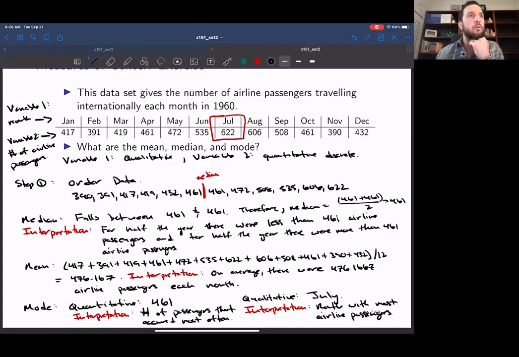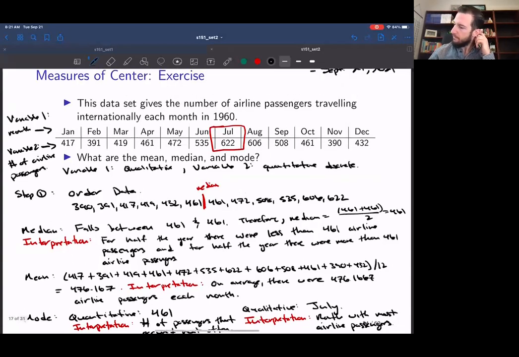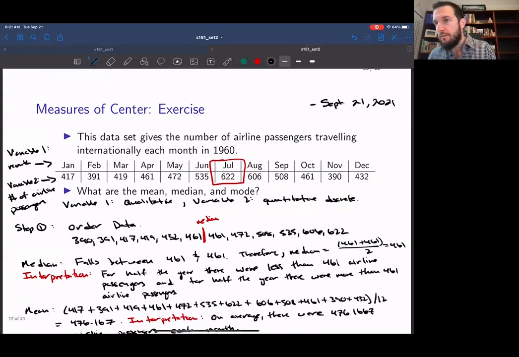Raleigh, how do we determine the qualitative mode? I understood it has nothing to do with the values. The qualitative mode would be, all right, so for the qualitative data, each of the months has an associated value. If you think about a bar chart, for example, the bar chart for this data set would have the months of the year, January, February, March, April, May, on the x-axis.